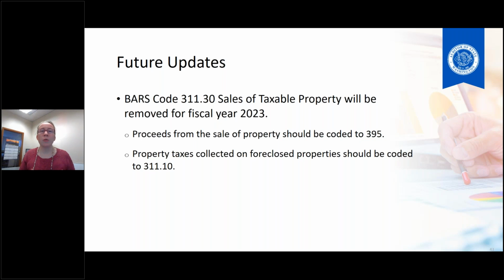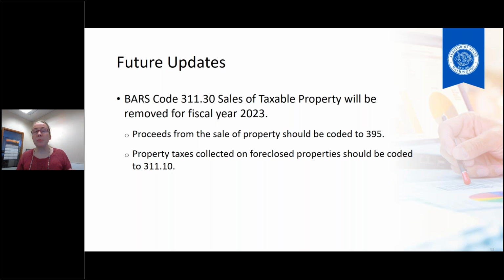BARS code 31130, which is sales of taxable property, will be removed for fiscal year 2023. The reason for this is we reviewed the RCW tied to this code, discovered we have codes already in existence that better explain what exactly is happening in this transaction per the RCW.